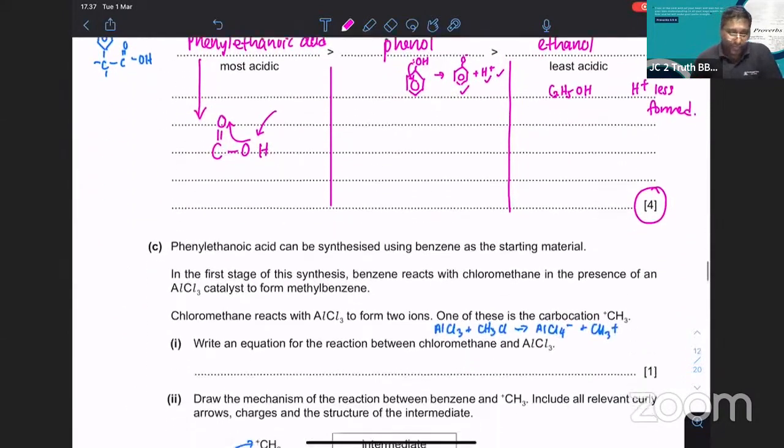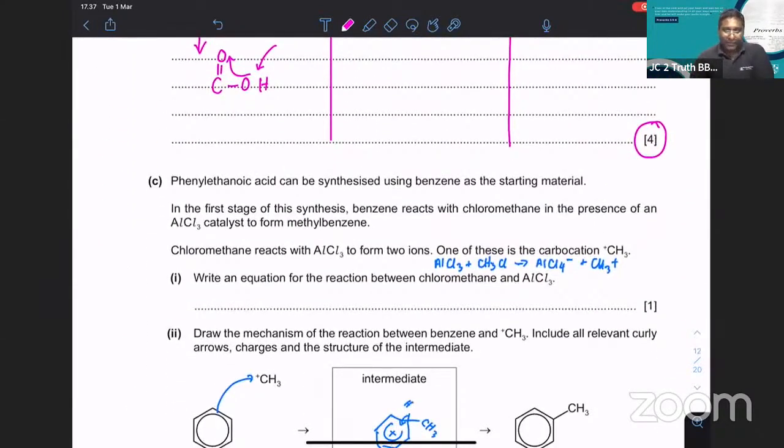Yeah. So phenylethanoic acid can be synthesized using benzene as a starting material. In the first stage of this synthesis, benzene reacts with chloromethane in the presence of AlCl3 catalyst to form methyl benzene. They say that it forms 2 ions, and one of these is going to be a carbocation. So write an equation for the reaction between chloromethane and AlCl3.